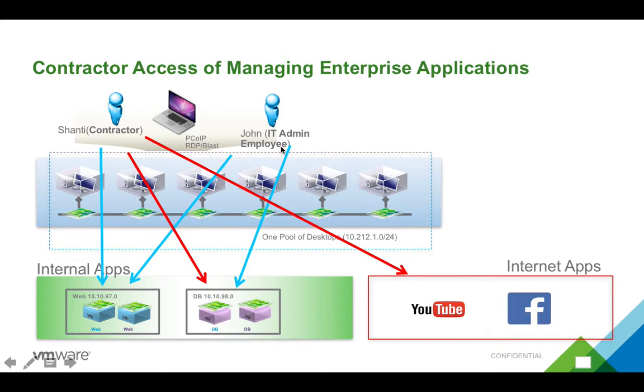John, a user in the IT admin group, is able to access basically most of the applications, the web applications, DB, VMs, as well as do web surfing. There's no restriction on the web surfing for John.